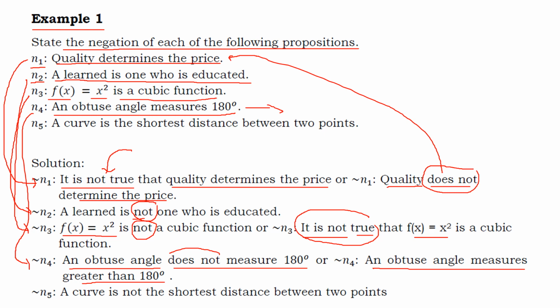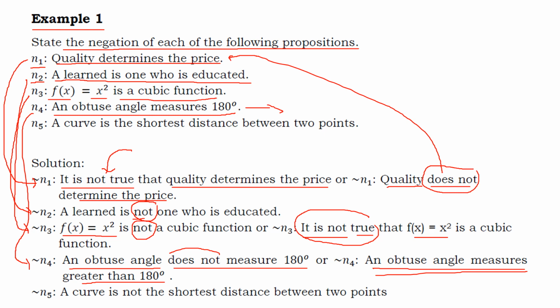Our main goal in your negation is just to oppose your original proposition. So here, an obtuse angle measures greater than 180. We are opposing your original proposition there because your original proposition says that your obtuse angle measures exactly 180 degrees.